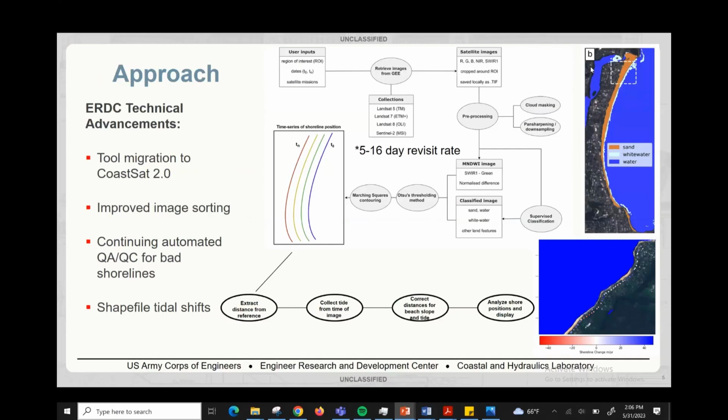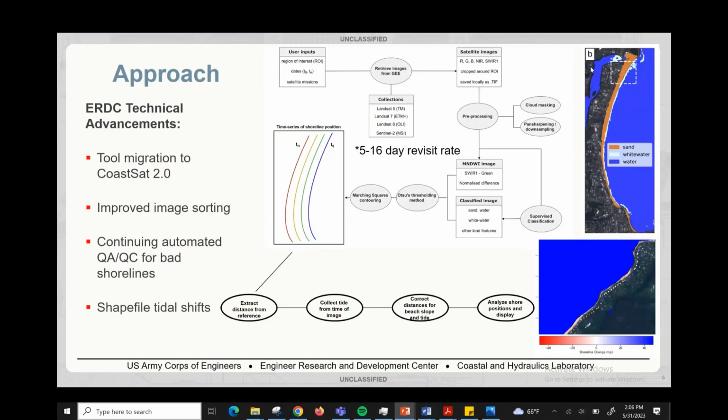Of course, some of these images might have clouds, so we have to go through and filter those out. We've added some more automated QA/QC approaches to the existing algorithm, but then it uses the modified normalized difference water index to classify the image into sand, white water, and water.